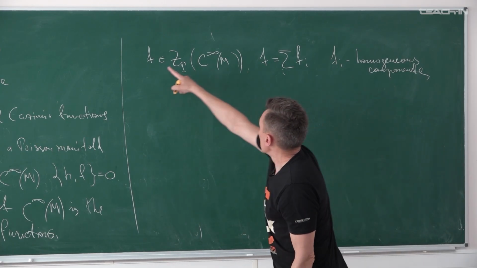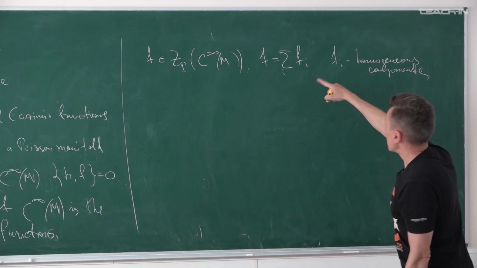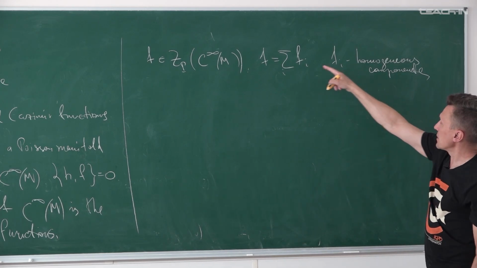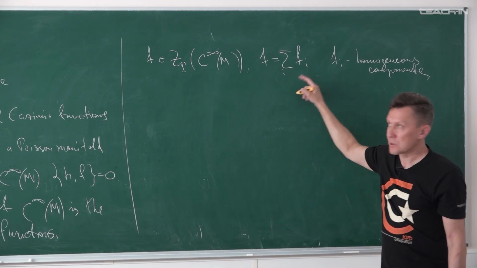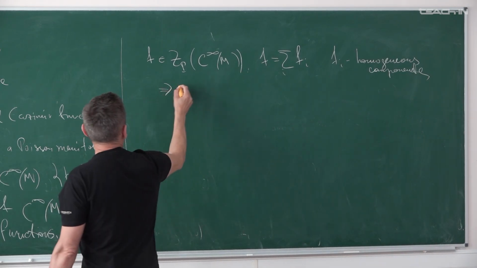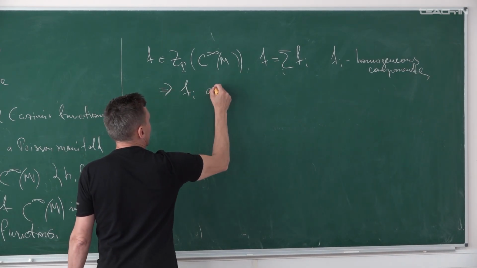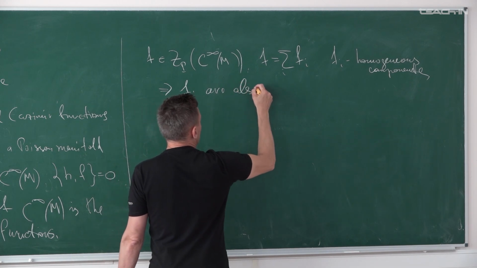So if f is Poisson central, and it is the sum of homogeneous components, then the f_i are also Casimirs.